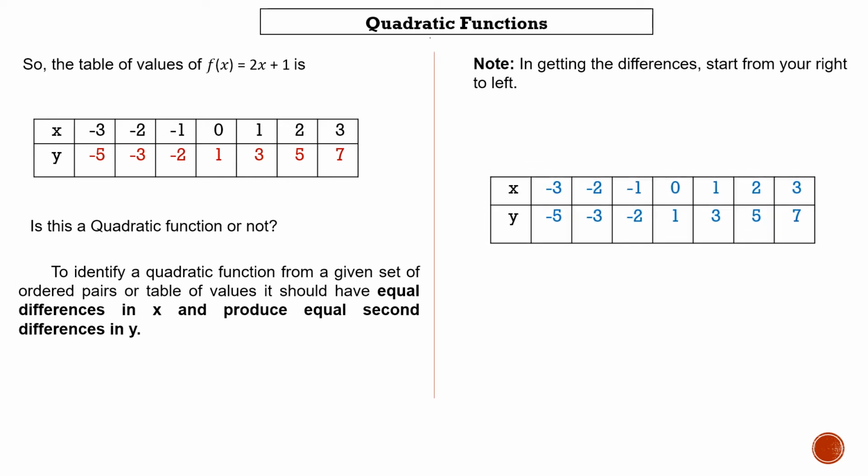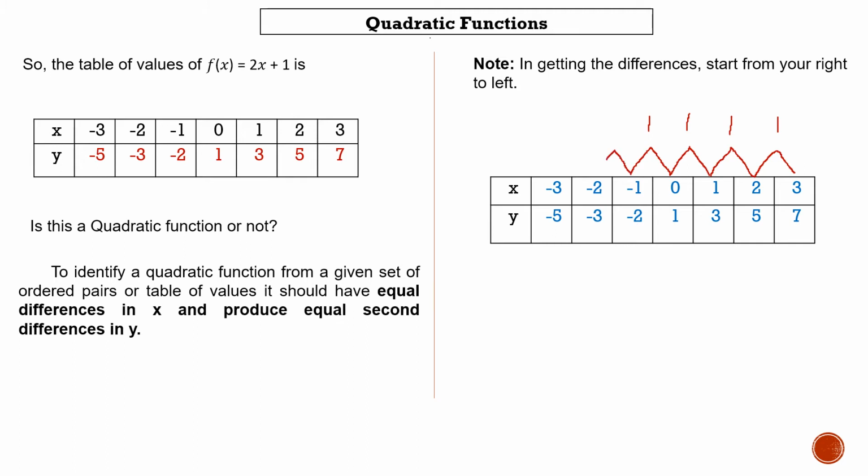So in the given table of values, let us first determine the differences in x. So we will start from our right to left. 3 minus 2 is 1. 2 minus 1, 1. 1 minus 0, 1. 0 minus negative 1 is also positive 1.